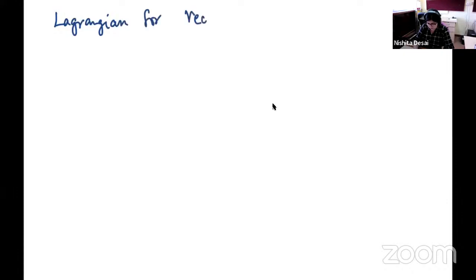All right, so now let's go to the other sector. So let's look at the Lagrangian for a vector field. Okay. So I'm not sure you have studied this in detail in your field theory course.